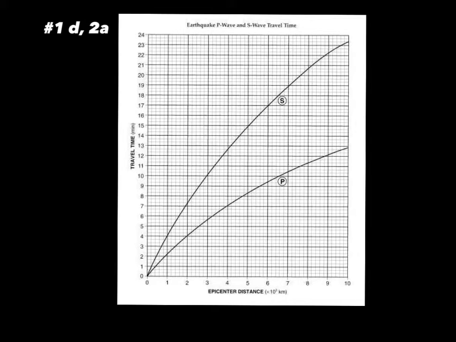You want to find where your S and P are at 1 minute, somewhere right in here, and that would give you your epicenter distance. Remember that it's 10 to the third kilometers. So again, you would have to take your note card. I'm sure you'll have one in class. You'll use that to help you with this question. And when you take the final exam, you also have a note card to help you with your chart.